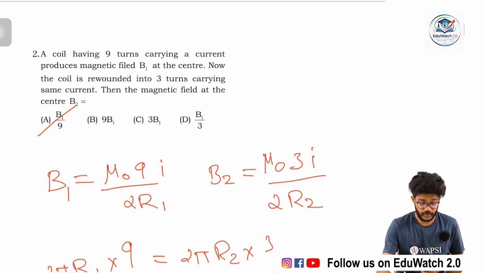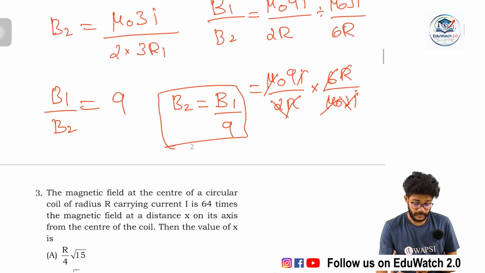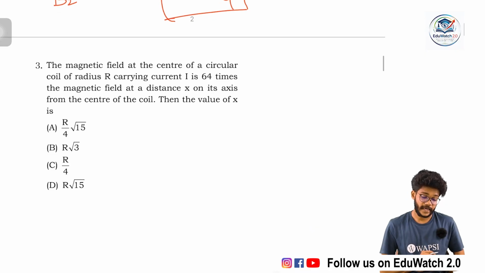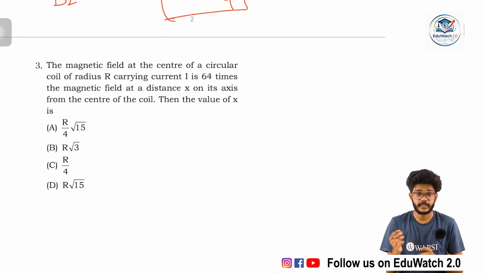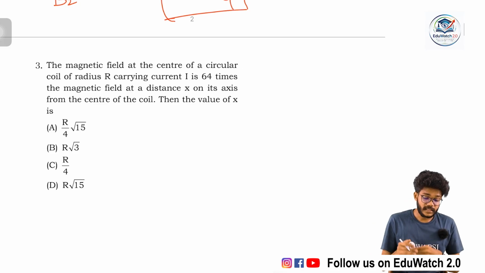Okay, so we can move to the third question. The magnetic field at the center of a circular coil of radius r carrying current I is 64 times the magnetic field at a distance x on its axis from the center of the coil. It is the same type of question, but the strategy is different.